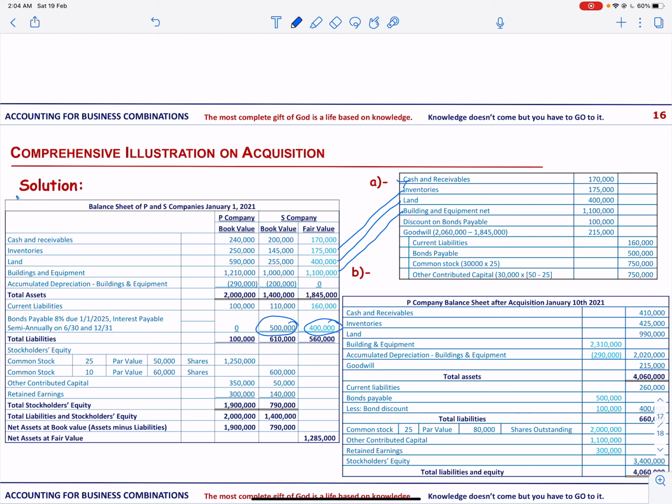The sum of common stock and other contributed capital: in this case, they are issuing 1 share in exchange for every 2 shares. So the number of shares is 30,000, and the par value of the parent company was 25. The market value was 50. So the balance, other contributed capital, is 30,000 times 25, that gives us 750 and 750.